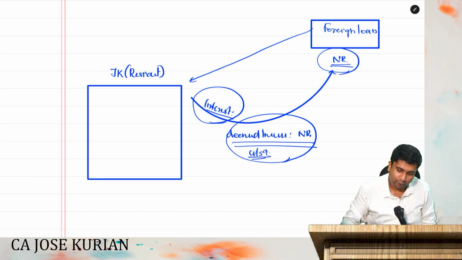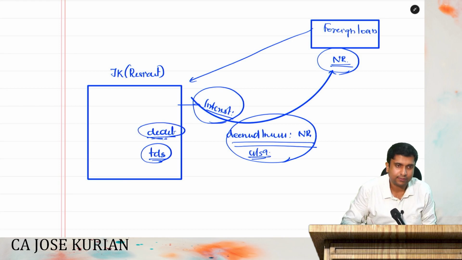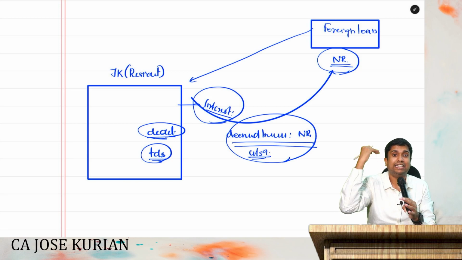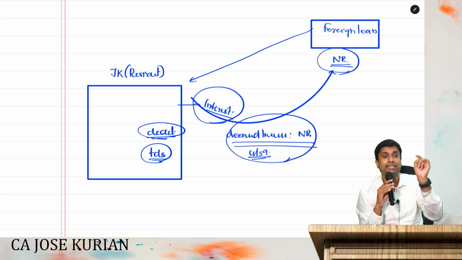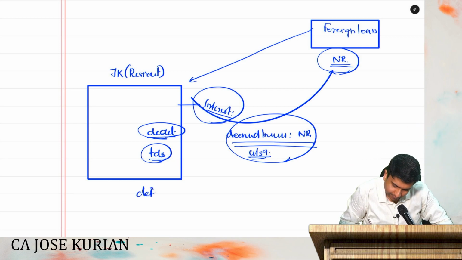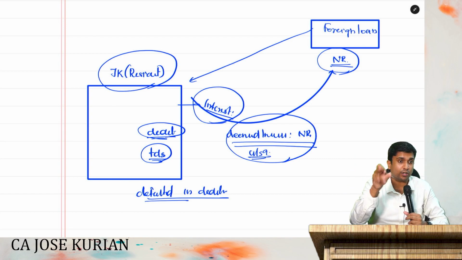So the point is, when I'm making this interest payment, I'm supposed to deduct TDS. What do you mean by TDS? Tax deducted at source. There is a separate chapter called TDS. Say I have defaulted in deducting TDS. It is the resident's responsibility to deduct TDS from that interest.